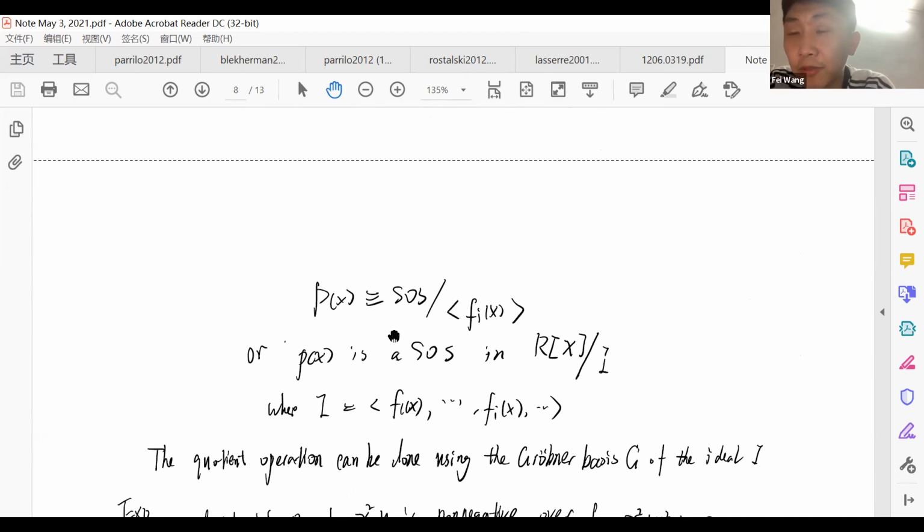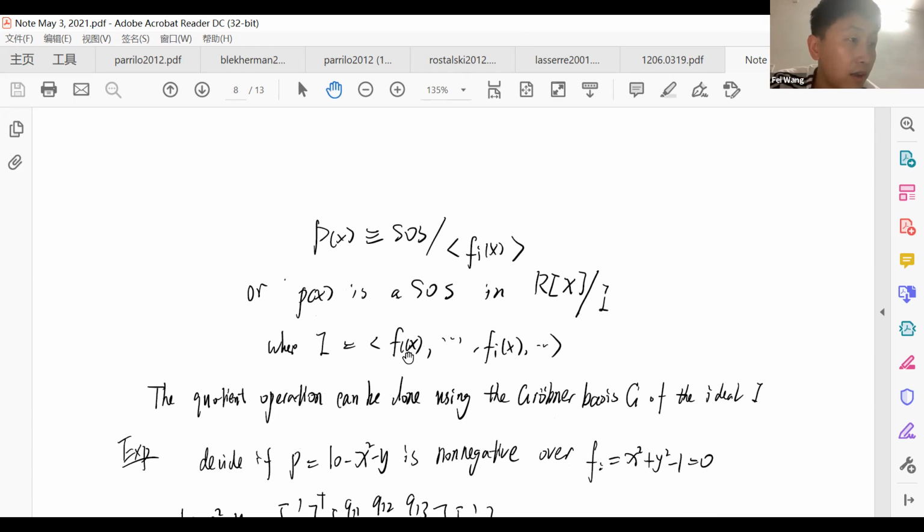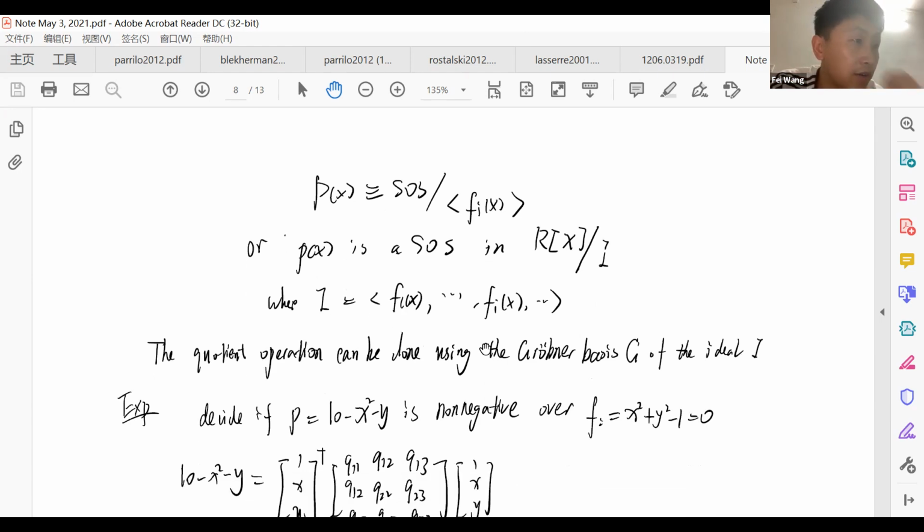So p(x) is a sum of squares modulo the ideal generated by all these constraints f_i(x). Now let's see how we can use this. This quotient operation can be done using the Gröbner basis of the ideal I.